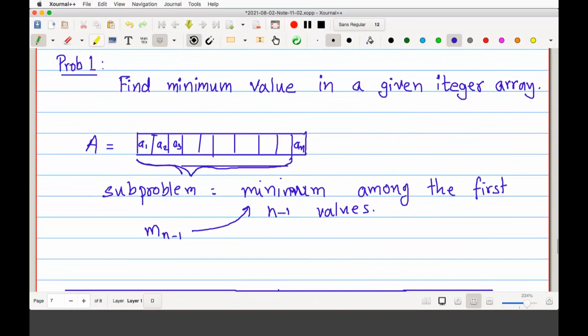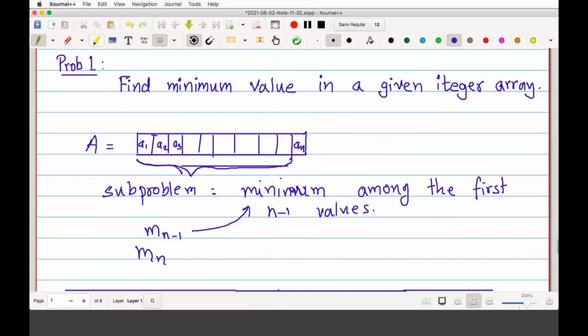And now I want to solve my original problem, which is finding the minimum value among all n values. So let's call it mn. So if you are given mn minus 1, can you compute mn by doing some simple operations? Can you suggest some simple way? It will be just comparison of mn minus 1 with an, and whichever is smaller, we reassign the minimum value.